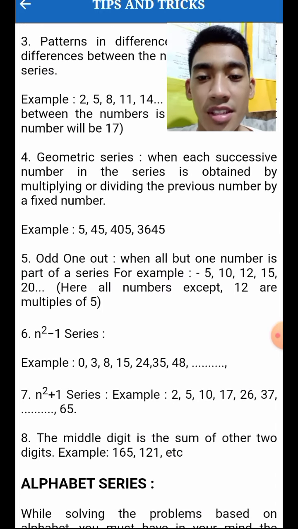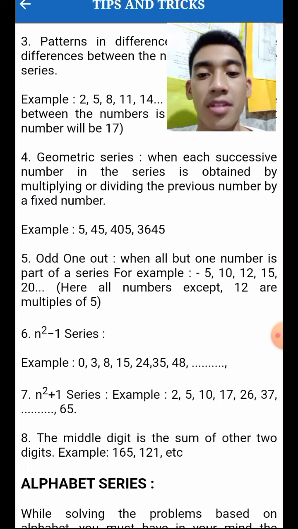Geometric series. When each successive number in the series is obtained by multiplying or dividing the previous number by a fixed number. So a geometric series involves multiplying or dividing the previous number by a fixed number.